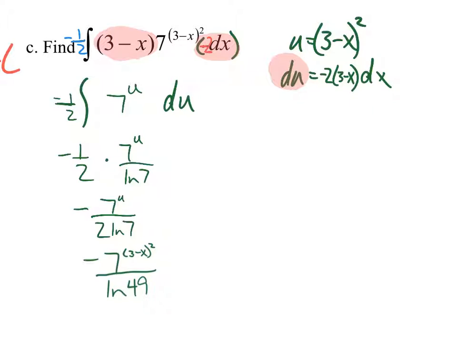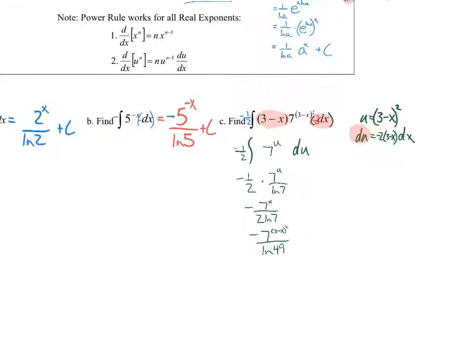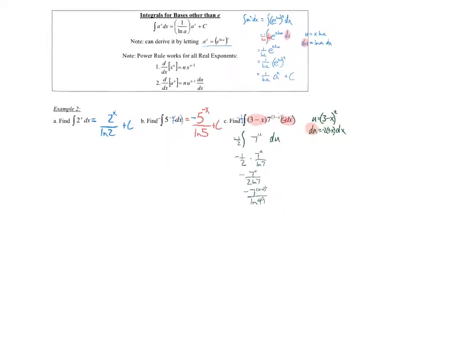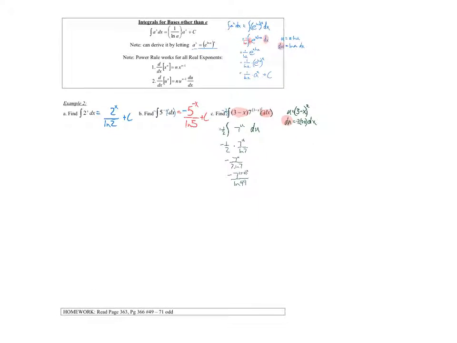Okay? Alright, so that's it for that. It's just a little bit of practice using this form. Don't forget the u substitution, just like what we've done in the past. If it's not something to the x, then you're going to have to use u substitution somehow when you're doing these integrals.